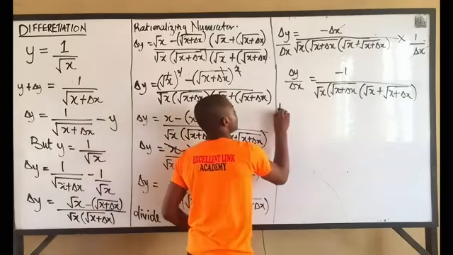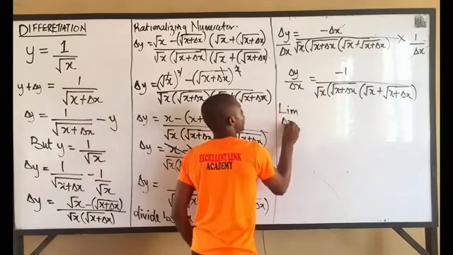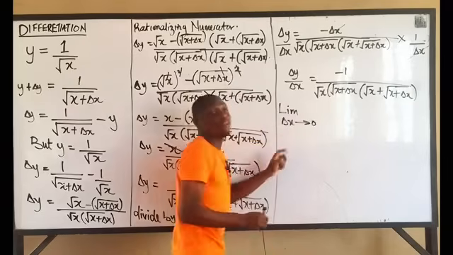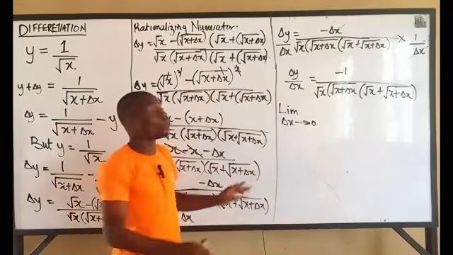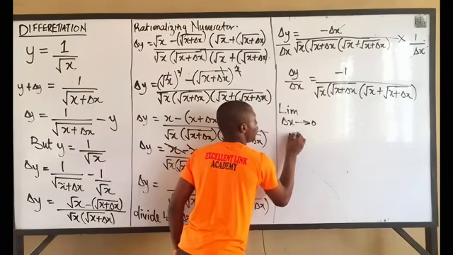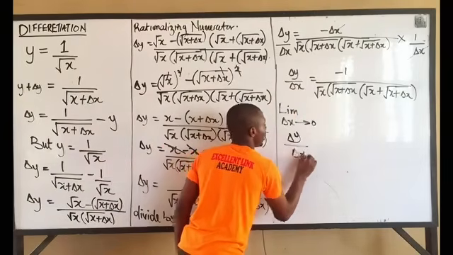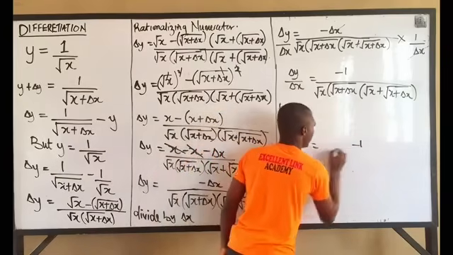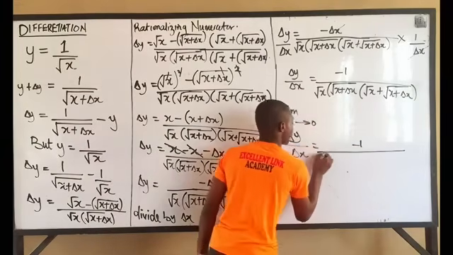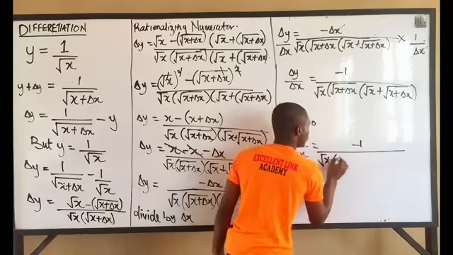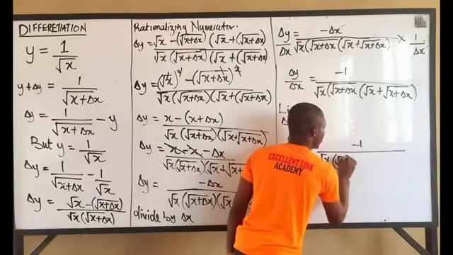So I'll take the limit of change in x to 0. That is, change in x here you put 0. So then my change in y over change in x is equal to minus 1 all over root x into root x plus 0.